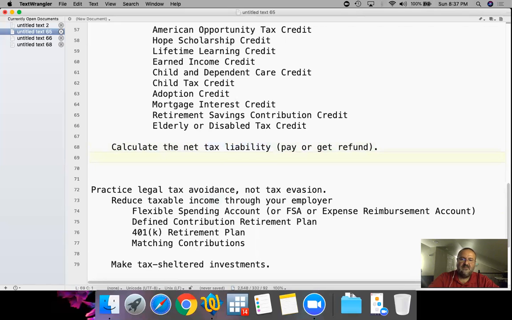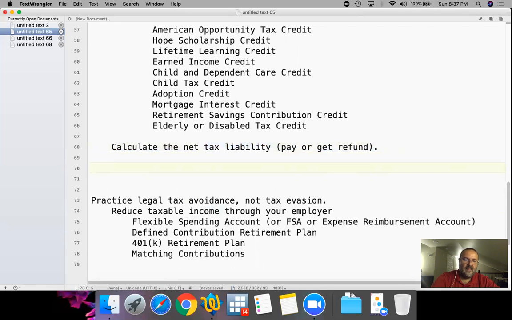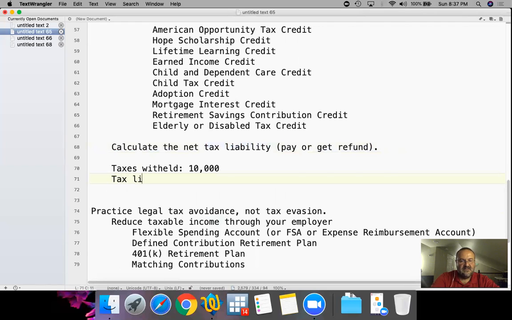Now, let's talk about an example. Say taxes withheld, right? So say your employer withheld $10,000. And then your tax liability that you calculated turns out to be $8,000 because you had more deductions.